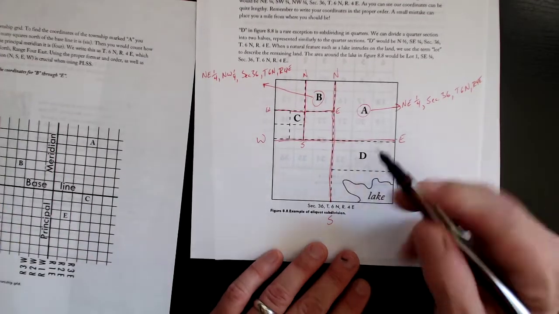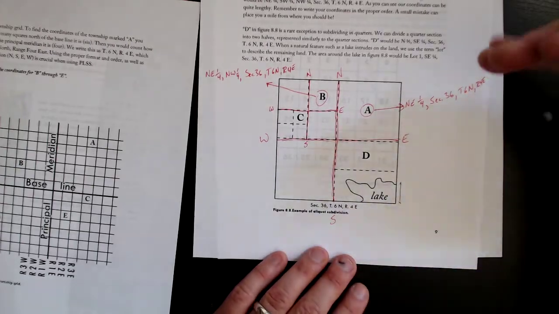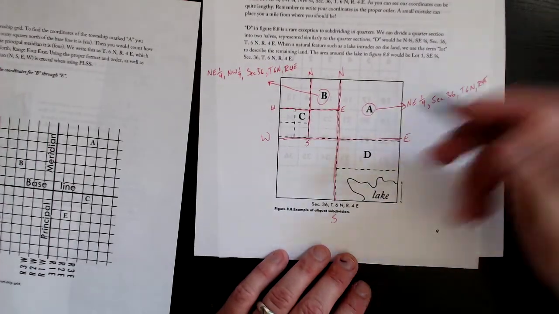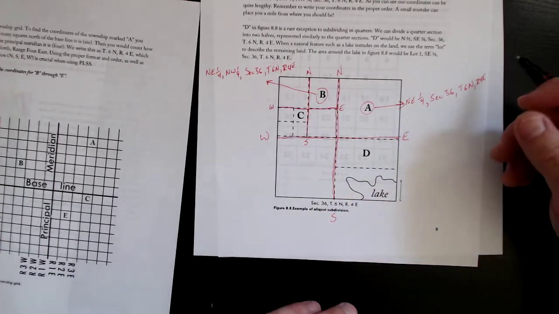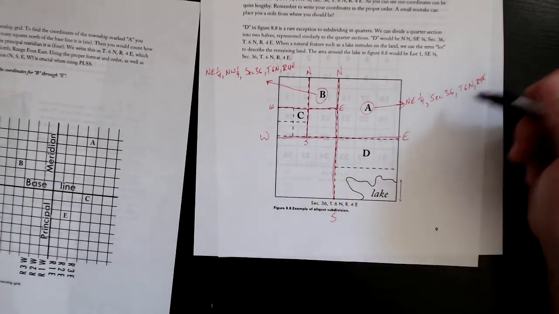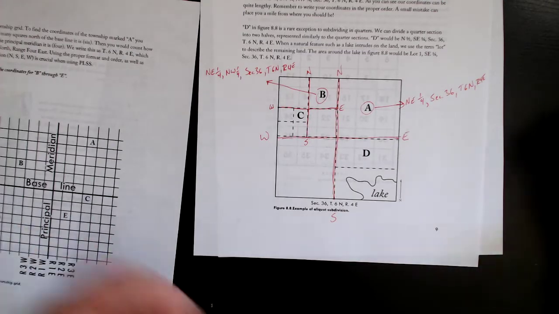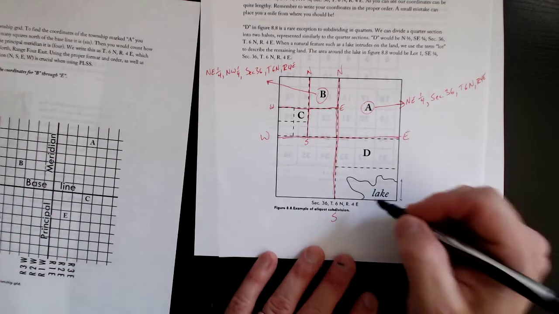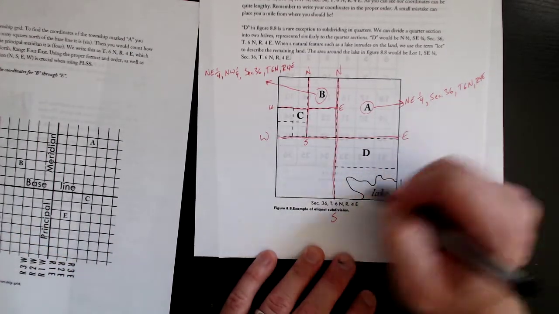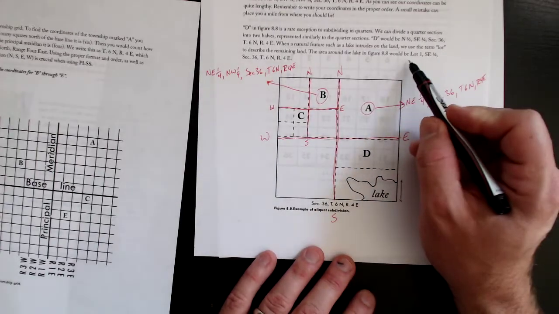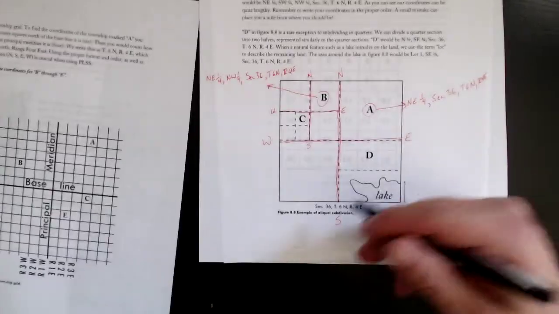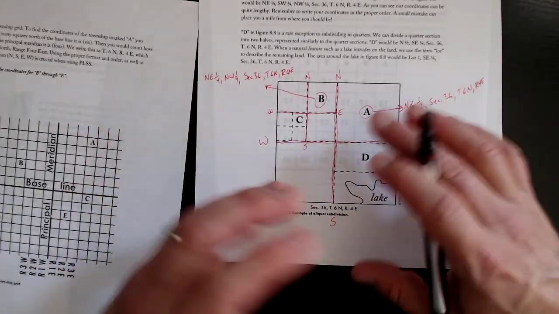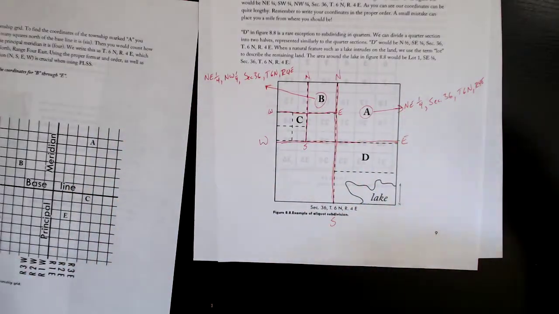So D would be the north half, because it is a half of the southeast quarter of section 36, township 6 north, range 4 east, right? And the lake itself, this remaining land, would be called lot 1. So lot 1 of the southeast quarter, section 36. You rarely see that stuff, but it's there, right?